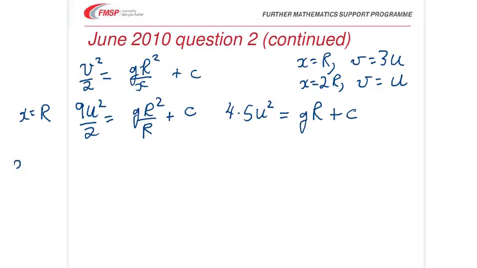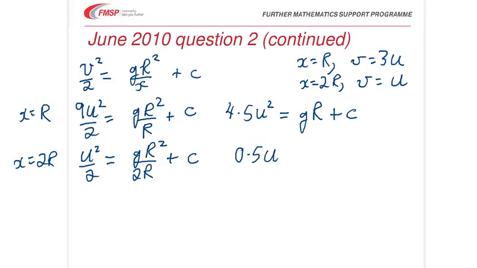At x equals 2r, we get u squared over 2. Just check these values. So we get 0.5u squared equals gr over 2 plus c.